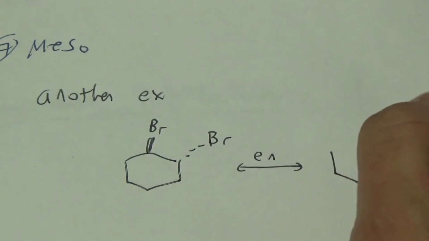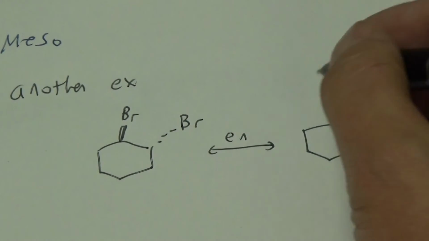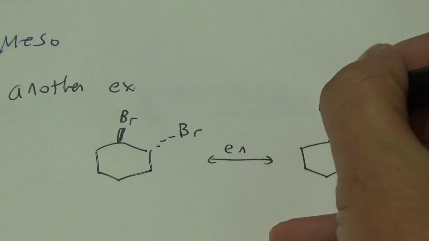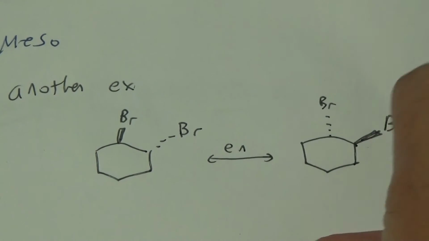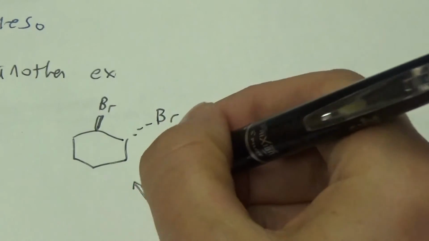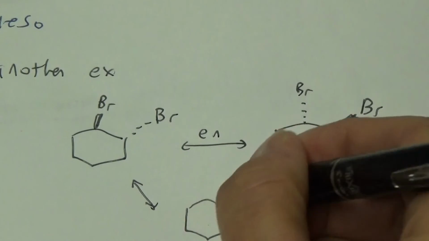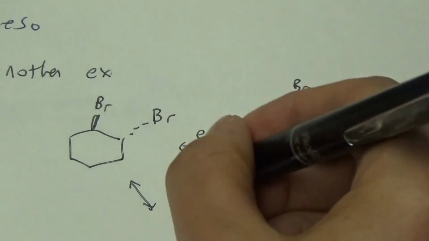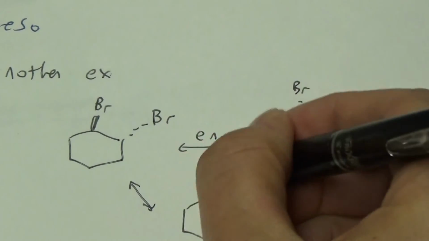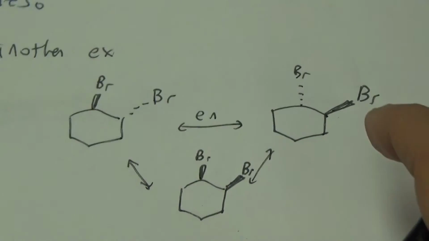It's got an enantiomer. I'm just going to draw the enantiomer in the same orientation and just say, alright, Br, Br. Those are chiral enantiomers, right? But they have a relationship with another molecule. It looks like this.